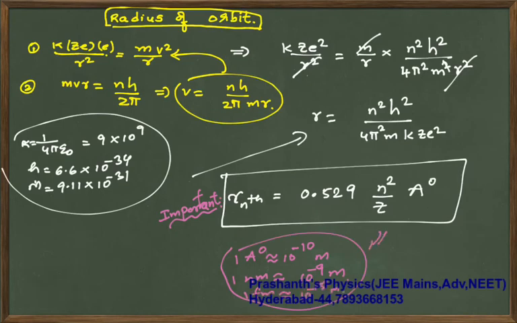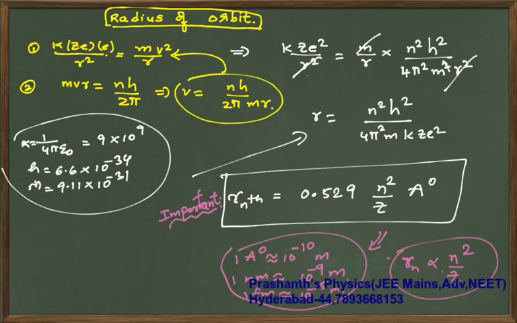Like this, you can calculate different values and simplify, and from here your Rn is directly proportional to n square by Z. So that boxed result is the important thing.